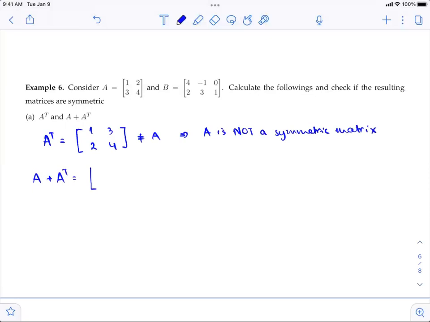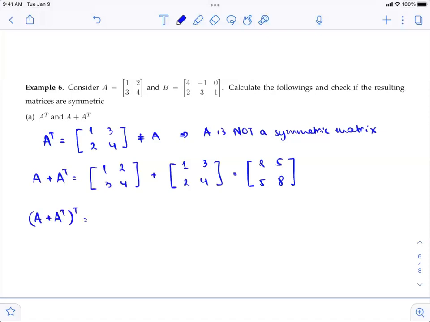Okay. And let's do A plus A transpose. So A is 1, 2, 3, 4. And A transpose is 1, 3, 2, 4. Add these two matrices together, you get 2, 5, 5, 8. And if you take the transpose of that sum, it will give you 2, 5, 5, 8 again.